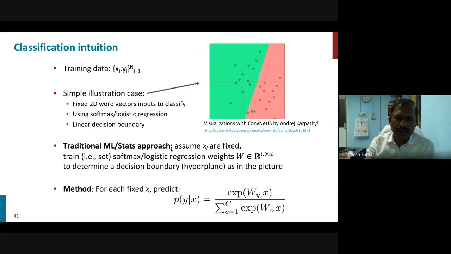Then we know softmax or logistic regression determines the hyperplane as a boundary, and we know how to predict using this expression. So softmax basically gives you this kind of expression, right?